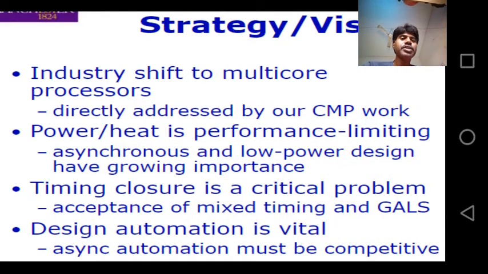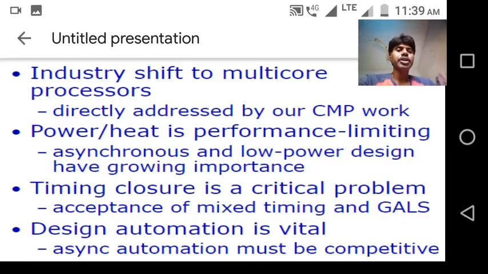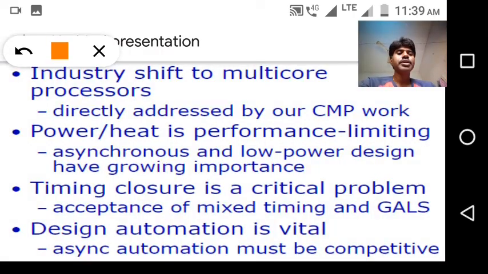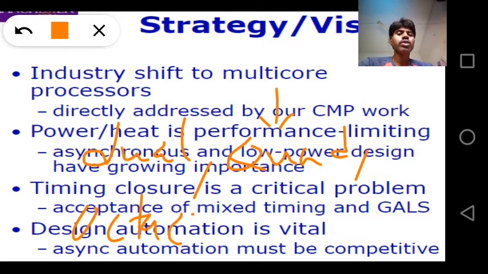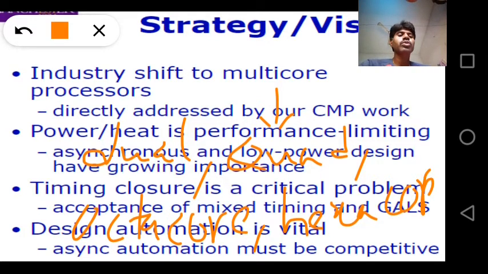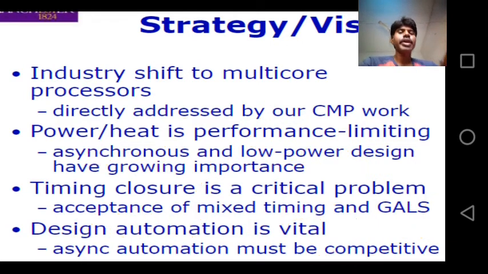So now the industry has shifted to multi-core processors. Multi-core means, as I said, it can be dual core, quad core or octa core, or even next generation is hexa core. Next generation can also be divided into hexa core processor.